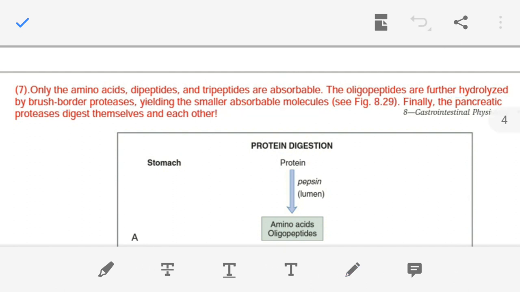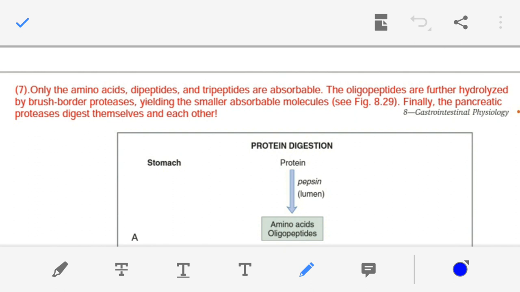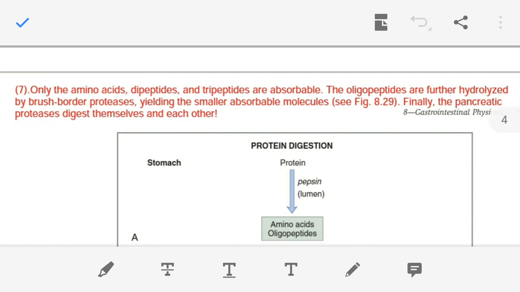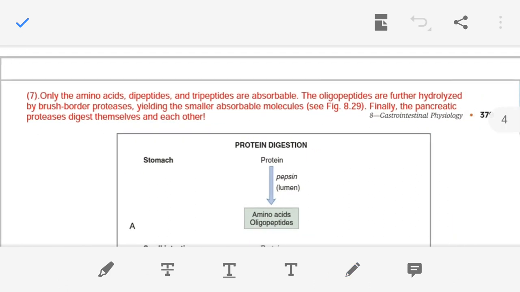And once the function of pancreatic proteases is completed, they digest themselves, and at the same time they digest the other proteases. So they digest themselves and each other when their function is over.